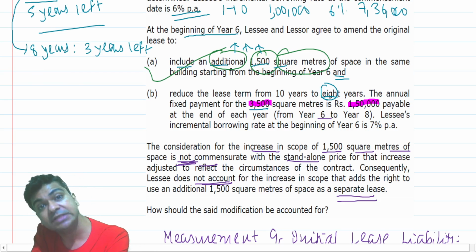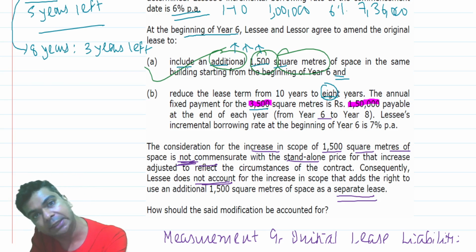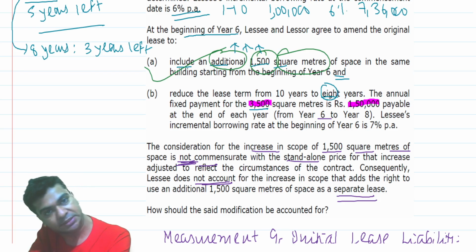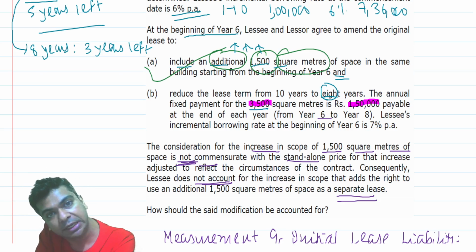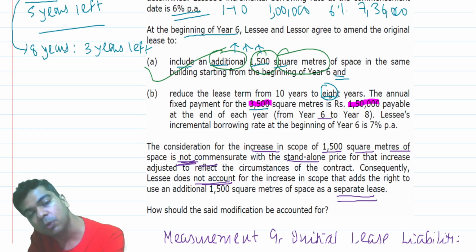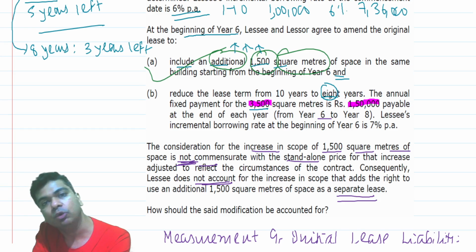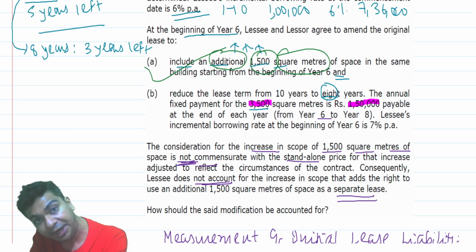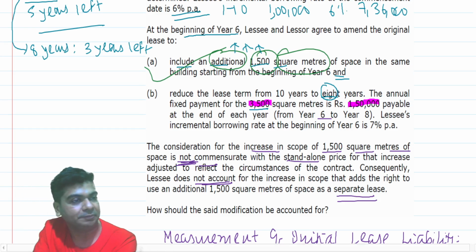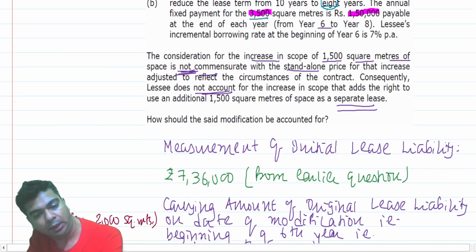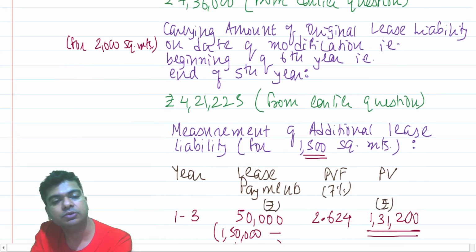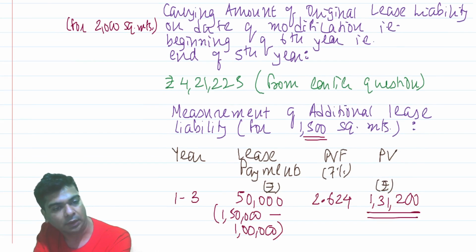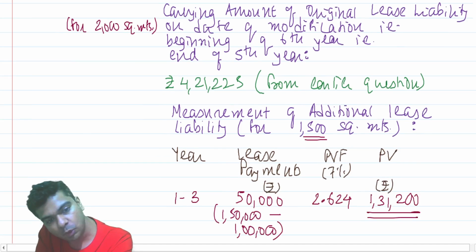Now whatever is left is only for the decrease in the lease term. Lease term has decreased for the original 2000 square meters. So for that we have to now give the effect. Getting it? Now this 4,21,225 that you are showing, I'm talking about this.